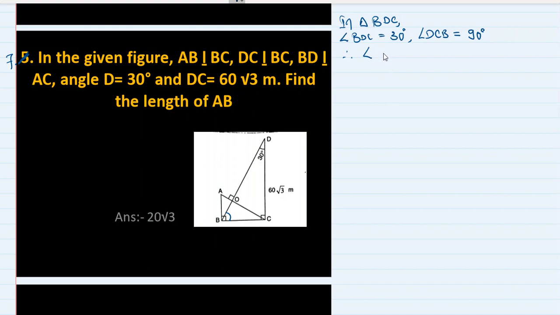Angle DBC is equal to 180 minus 90 plus 30. That is 180 minus 120, which is 60. So this is 60 degree. We have to find the length of AB.